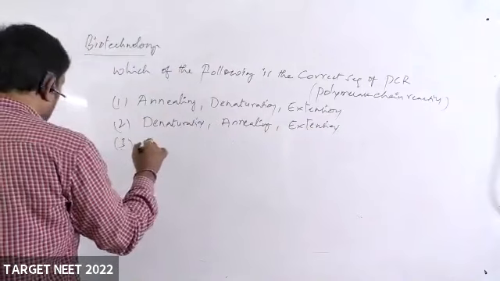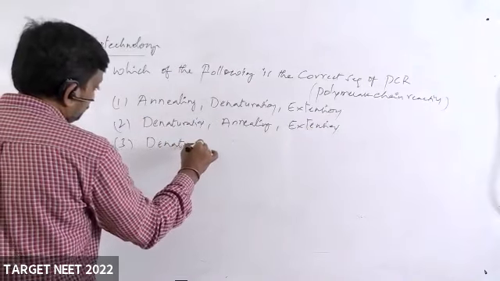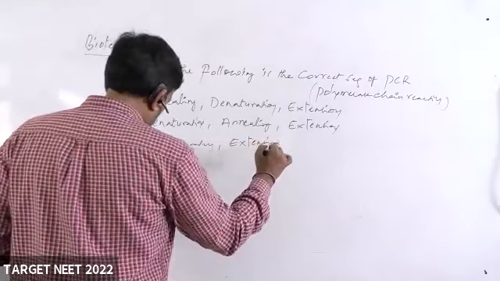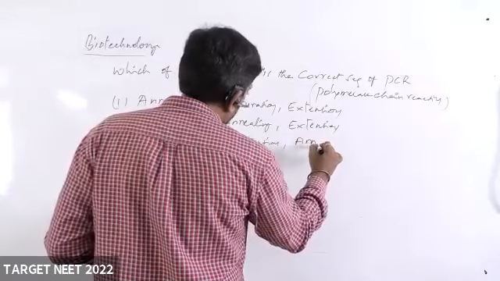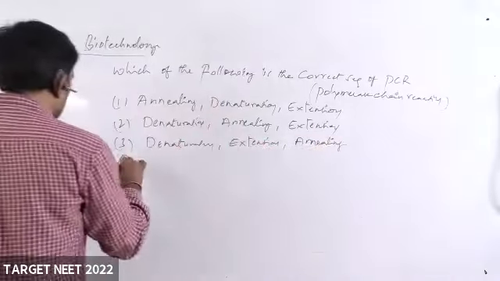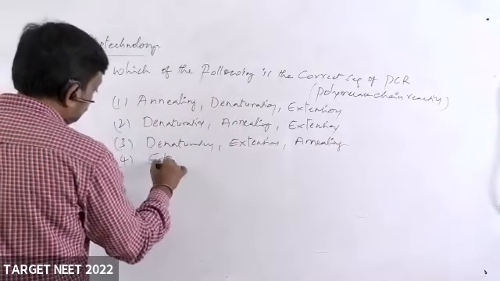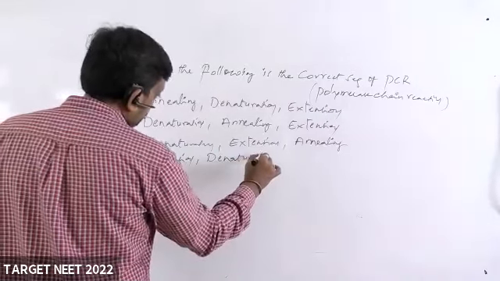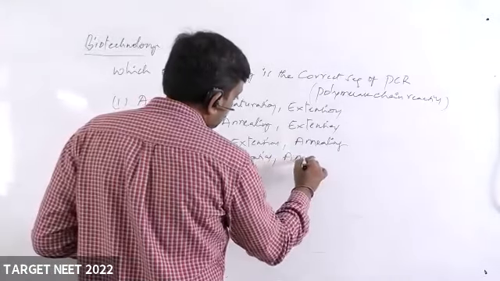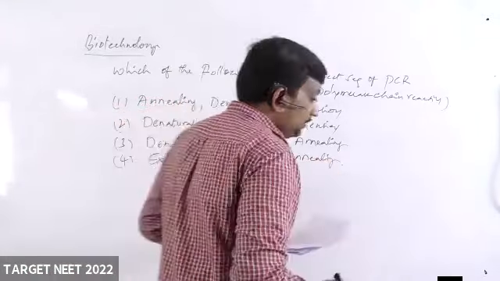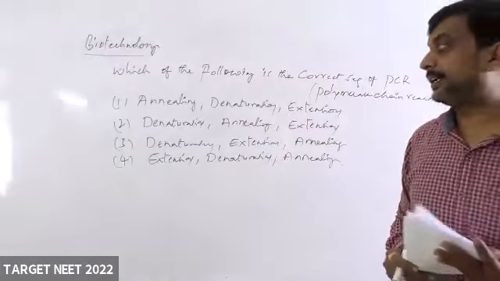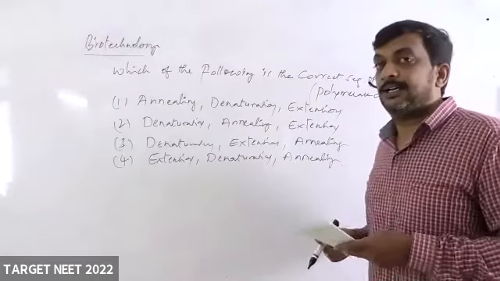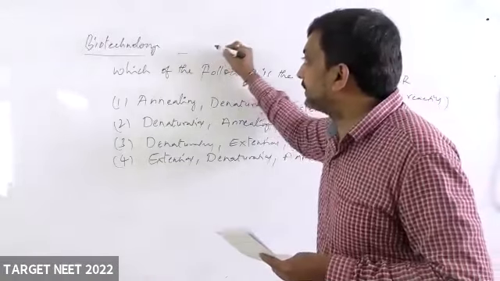Third one, denaturation, extension, annealing. Fourth one, extension, denaturation, annealing. Right? So a PCR, a polymerase chain reaction, is generally carried out in an instrument called a thermocycler.